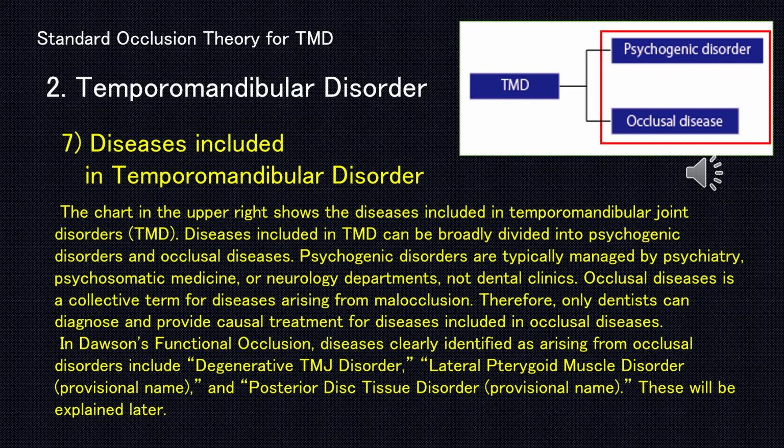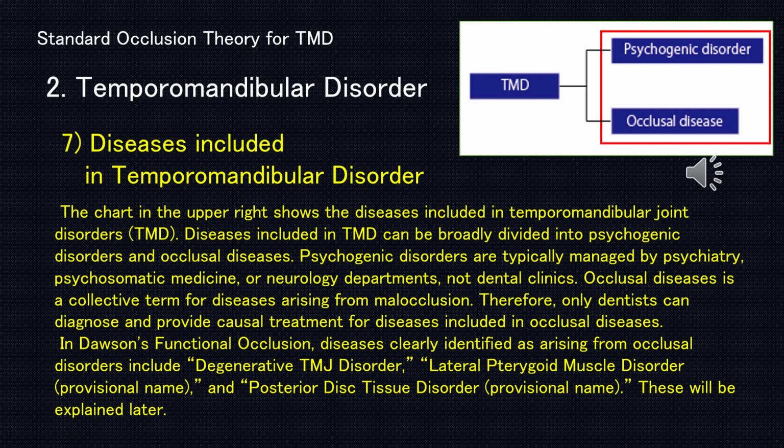7. Diseases included in temporomandibular disorder. The chart in the upper right shows the diseases included in temporomandibular joint disorders. Diseases included in TMD can be broadly divided into psychogenic disorders and occlusal diseases. Psychogenic disorders are typically managed by psychiatry, psychosomatic medicine, or neurology departments, not dental clinics.